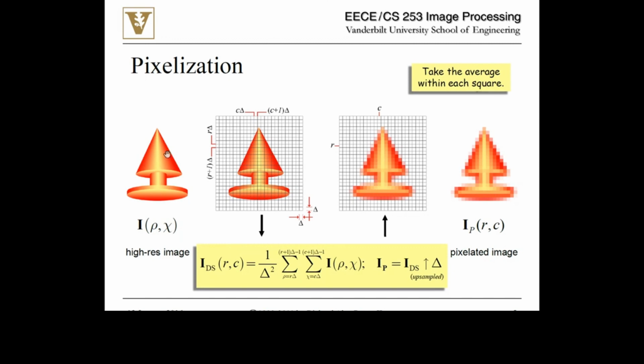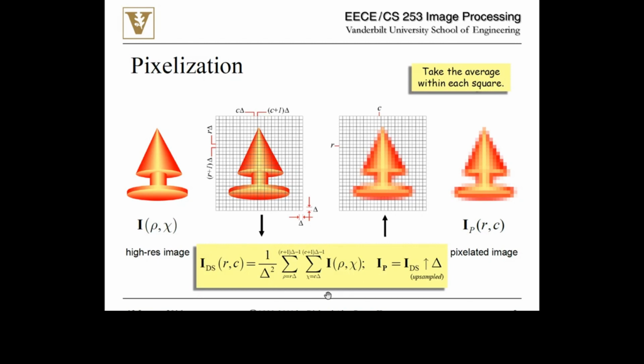So let's say that we have a digital image. For digital images, the notation we are using is square brackets, so those two are indexes within the matrix. And then we will produce an intermediate image that is called the downsampled image.